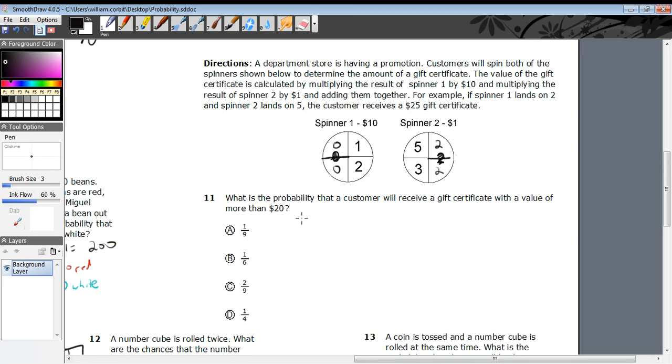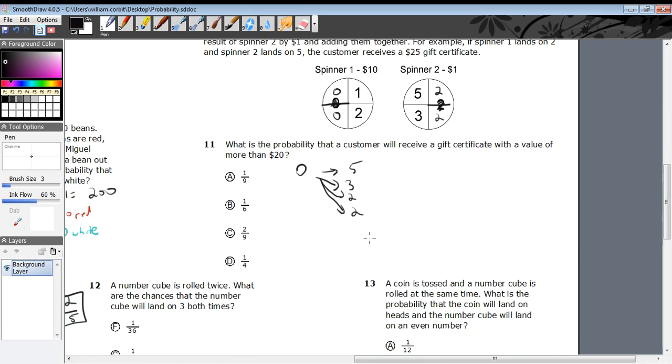So we could do this. We could get a 0 and then a 5, 3, 2, or another 2. That's if I start here, the 0.